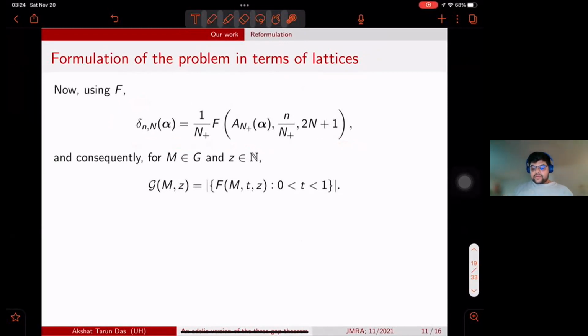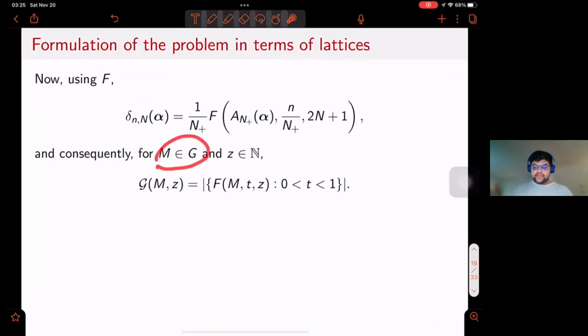So now what we want to do is write the little g and alpha function in terms of the space of lattices. So in regards to that, for any general lattice element M, let's define the function capital G, which is basically going to count the number of distinct values that the function f is going to take as t runs between 0 and 1.